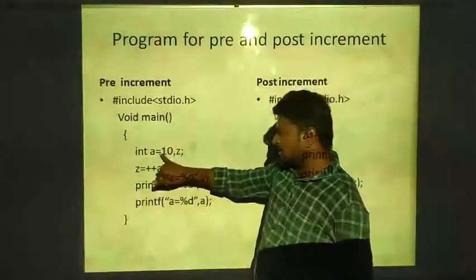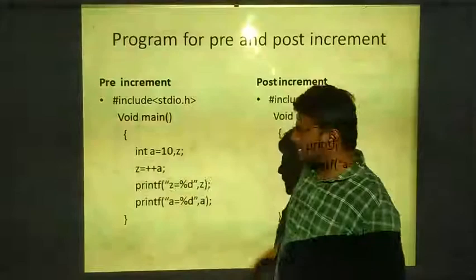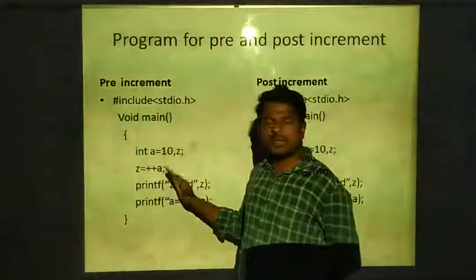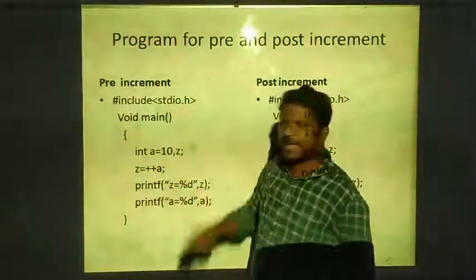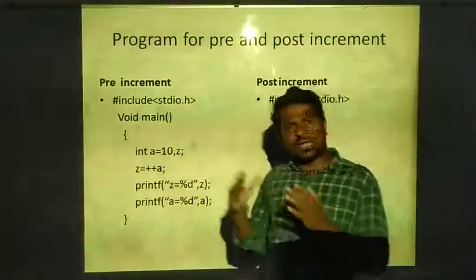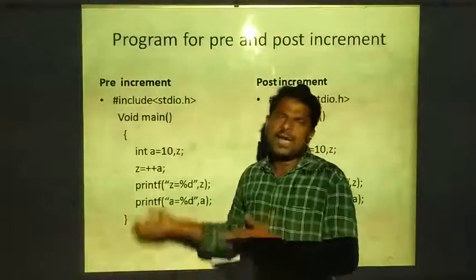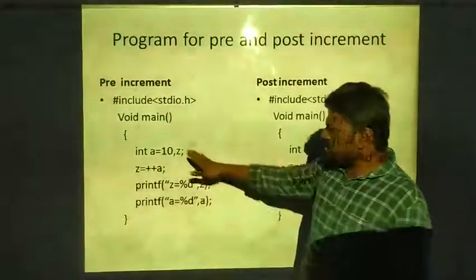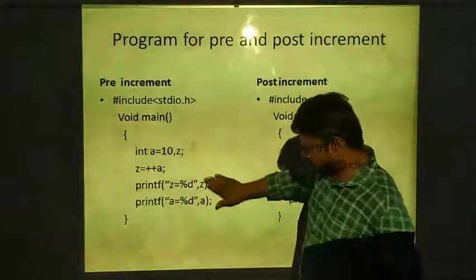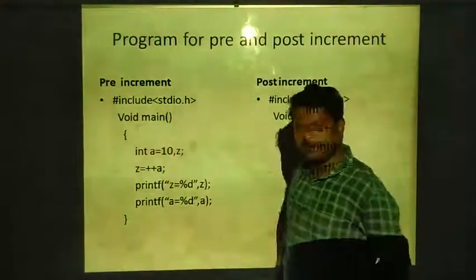Okay, means the value of A is 10. Then after it increases the value by 1, the value will be 11. So z is equal to 11. After that I am printing the A value. If z is equal to A is equal to 11, I will get the A value as 11 only. So the output for this is 11 and 11.